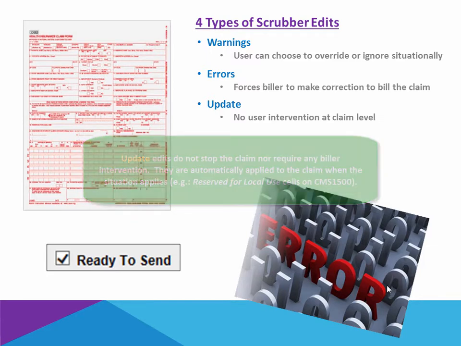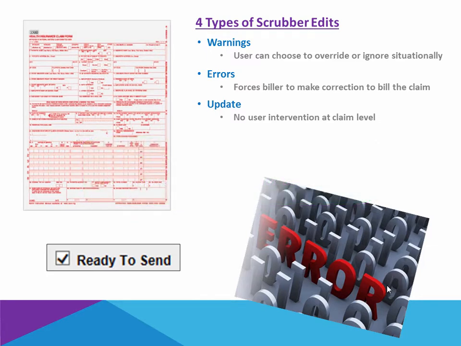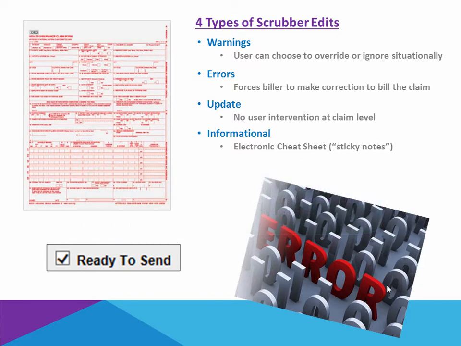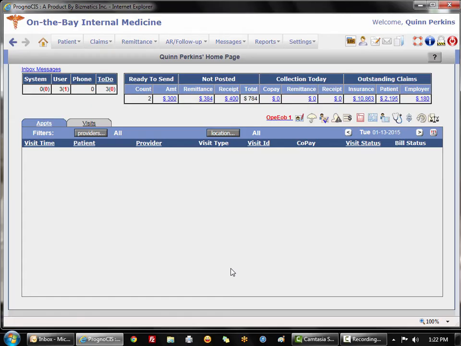So instead of the biller having to manually insert it, you can build a scrubber check to automatically populate that string of text for that payer in that form locator. And then the fourth type of scrubber check is informational, and this is thought of in terms of an electronic cheat sheet. So in our demonstration, we're going to look at creating and using all 4 of these scrubber checks.